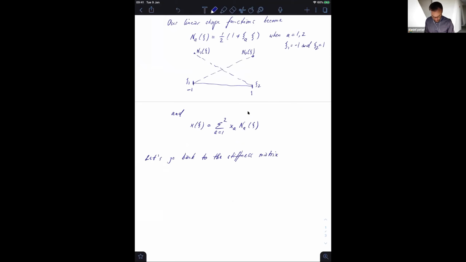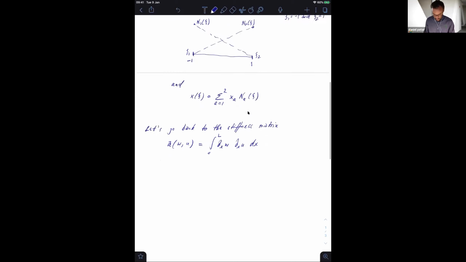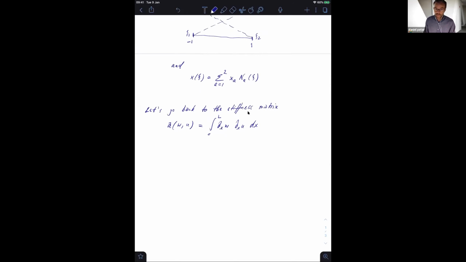You saw the stiffness matrix elements, we can write them as our bilinear functional A for two functions, W and U, which is defined as going from 0 to, let's say, L of the derivative of W times the derivative of U. Integrate over the physical domain L. So these are basically the contributions that we want to compute for two functions.